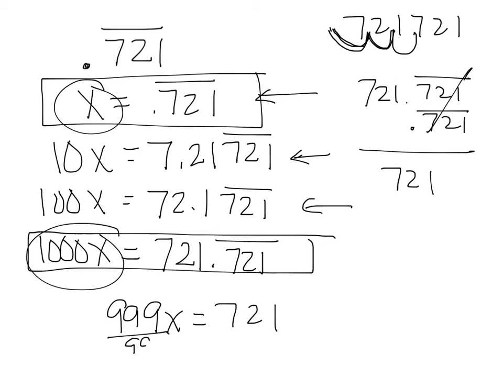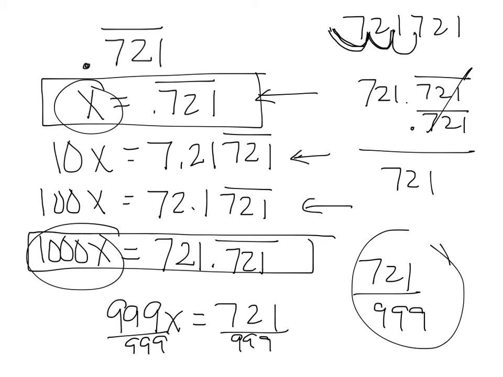Solve for x, which means divide. And now you've got 721 over 999. We might want to look to see if that's reducible. Let's see if 721 is divisible by 3. Nope. And 721 divided by 9? Nope. That's probably a good answer then.